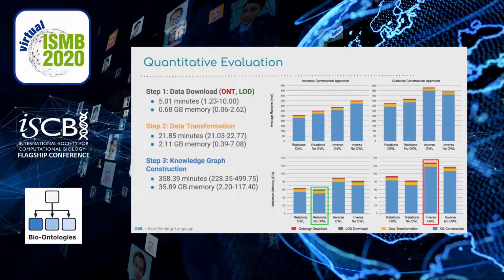As one might expect, the instance-based builds were the quickest and least memory-intensive. In contrast, the longest, most memory-intensive build was the subclass-based approach when modeling inverse relations and decoding OWL semantics. And it's important to note that this evaluation was performed without parallelization, although it can be run in parallel, in order to model the expected performance in a typical computational setting.